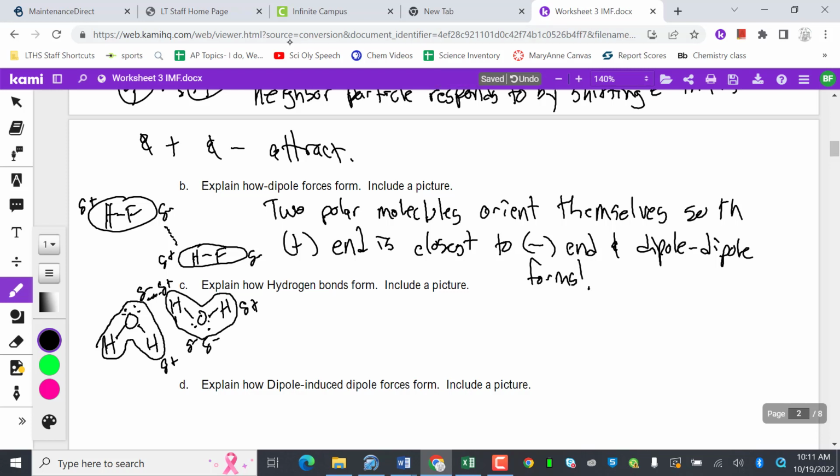Explain how hydrogen bonds form. Include a picture. Two molecules. I'm going to change that to one molecule. This is a hydrogen bonded thing to a hydrogen bonded thing.